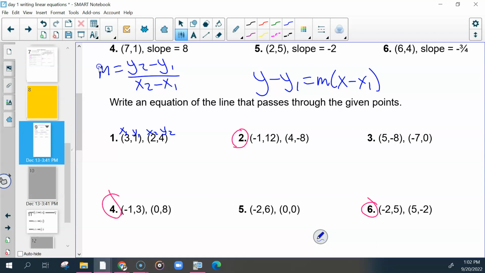And then I could write my slope as 4 minus 1 over 2 minus 3. And simplify. 3 over negative 1 would give us negative 3.